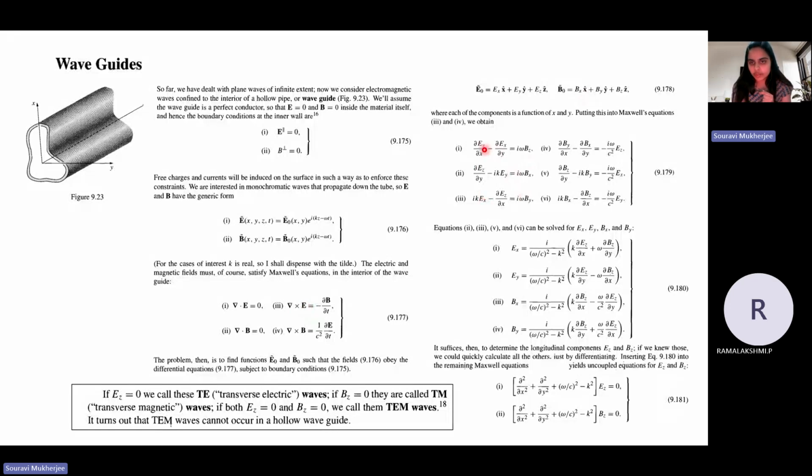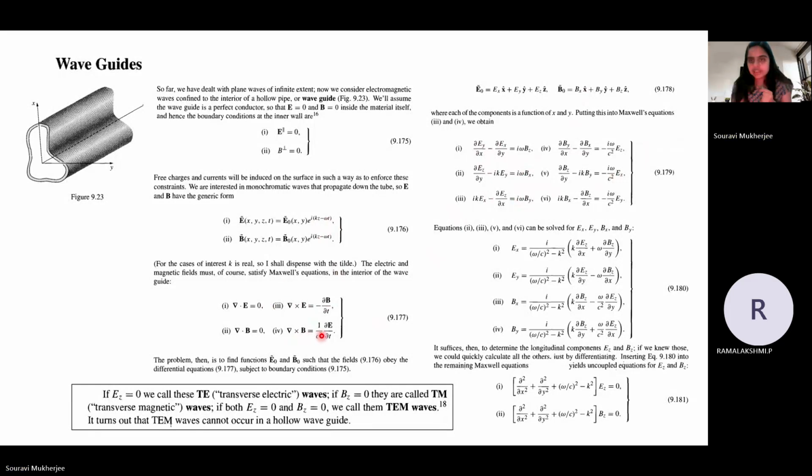So here we have used the curl operator on the individual components, and because you have del B by del t, and the temporal change is given as this i omega t term, you have this i omega coming in here, right? Similarly, for the magnetic field, you would have an expression like this. Okay, so these six equations that you can see come from the third and the fourth Maxwell's equations.